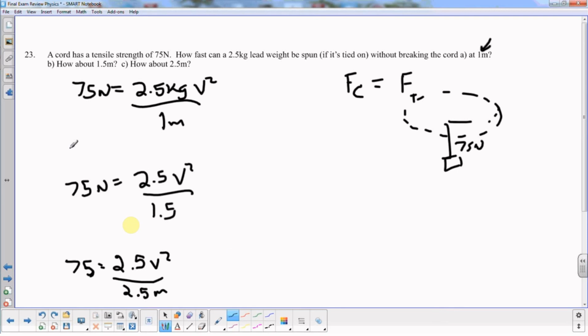I'm abbreviating the algebra, trying to save you guys some time because this has been going for more than an hour. 5.47 meters per second. That's the v for that. Holding everything equal, 75 times 1.5 divided by 2.5, square root of that, 6.7 meters per second.